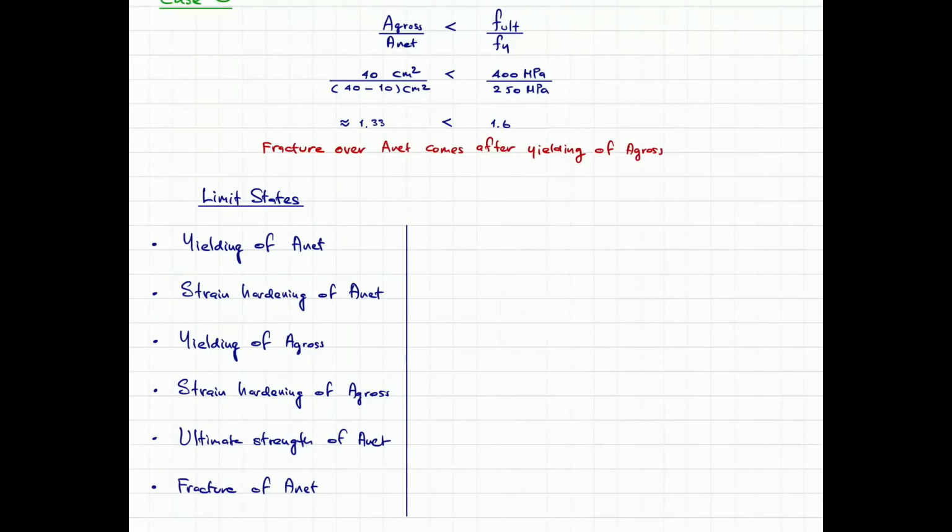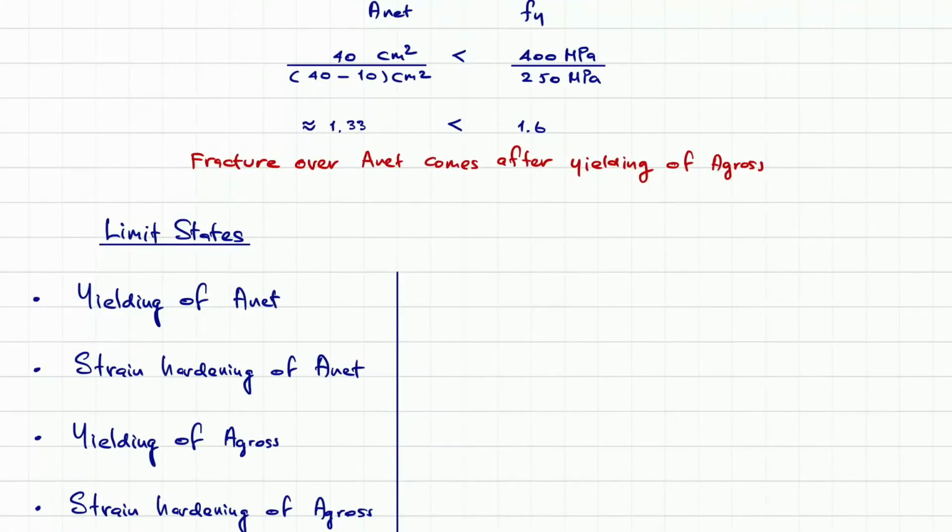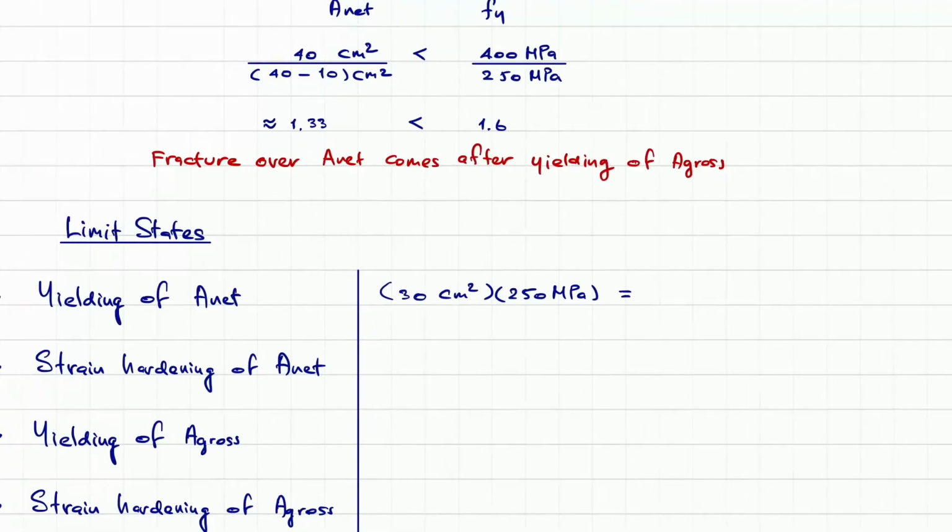So start with the yielding of the A net. You get the 30 square centimeters multiplied by 250 MPa. That makes 750 kilonewton.